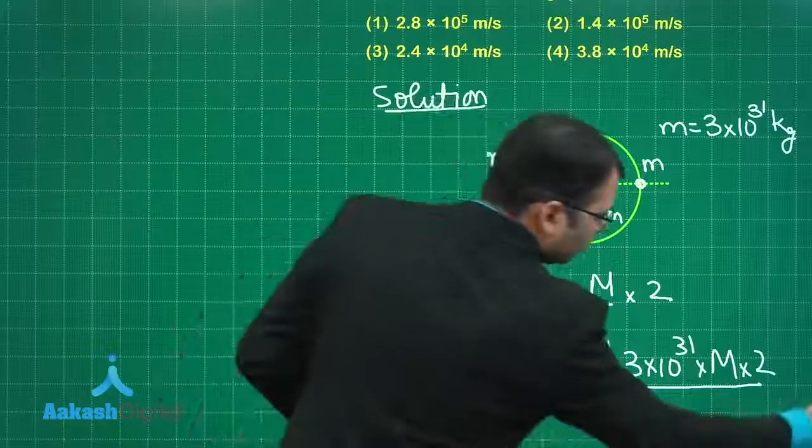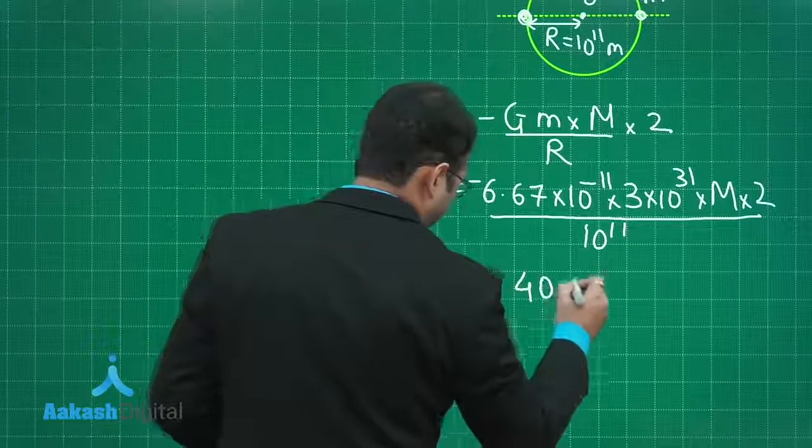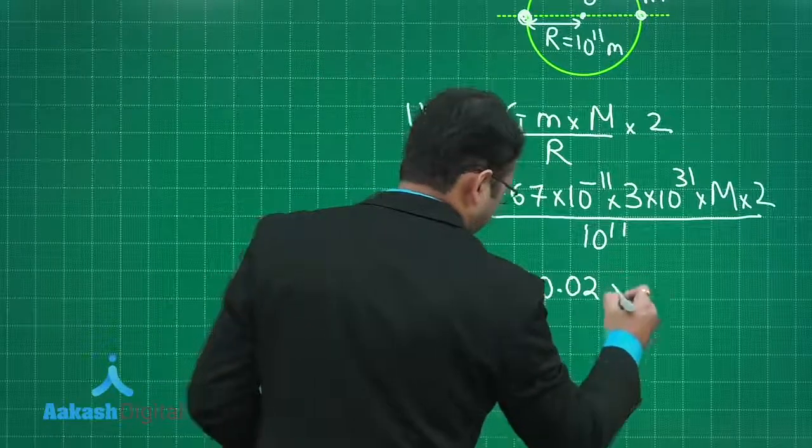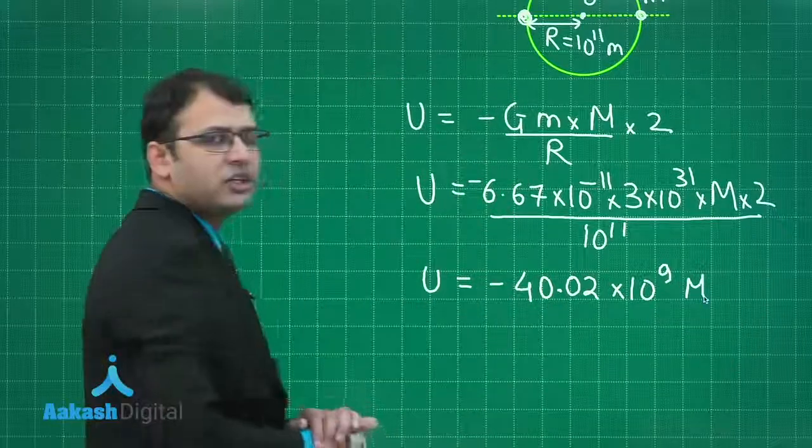So this is the value of U, and when you calculate it, you will get U as minus 40.02 into 10 to the power 9 m. This is the potential energy here.